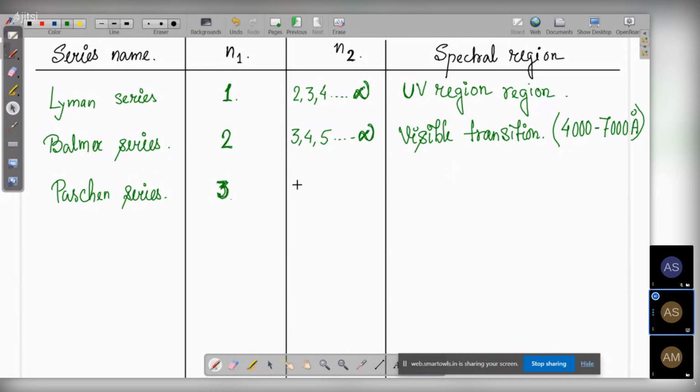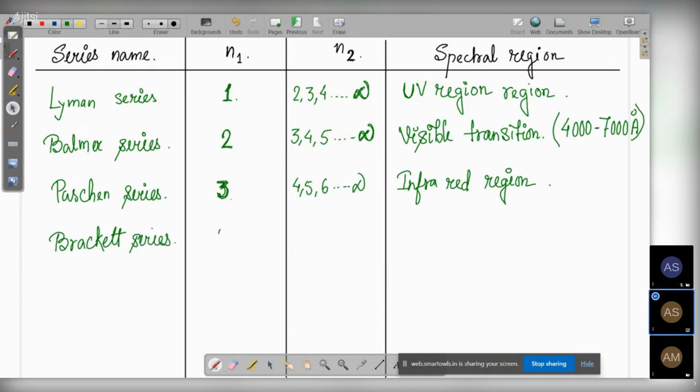Ending at 3, starting from 4, 5, 6, anything. This will fall in the infrared region. Then you have your Brackett series. Here n1 is equal to 4, and n2 can be 5, 6, 7, and so on.